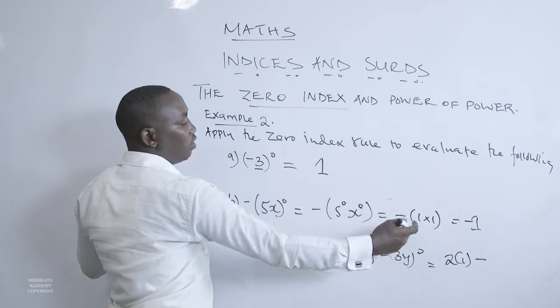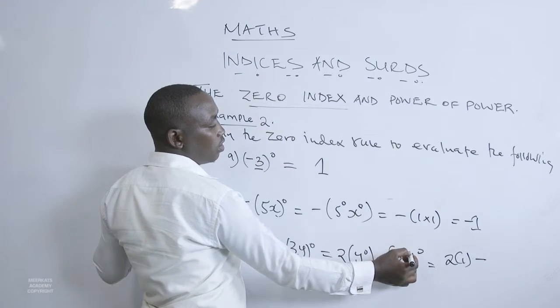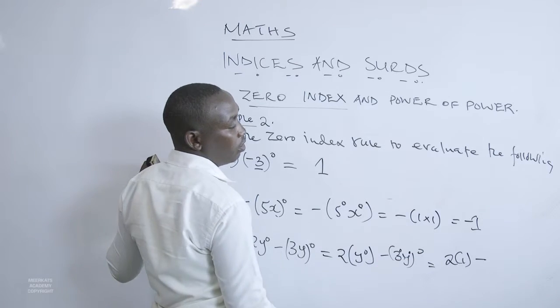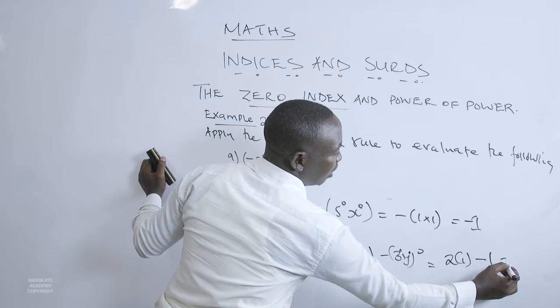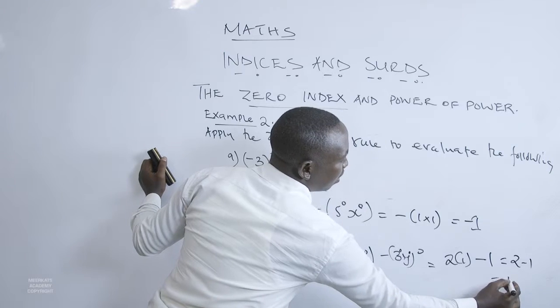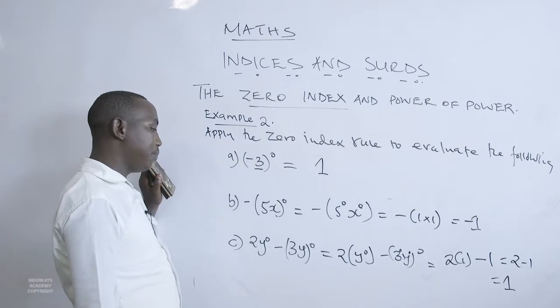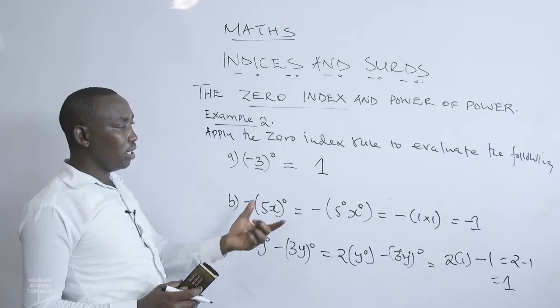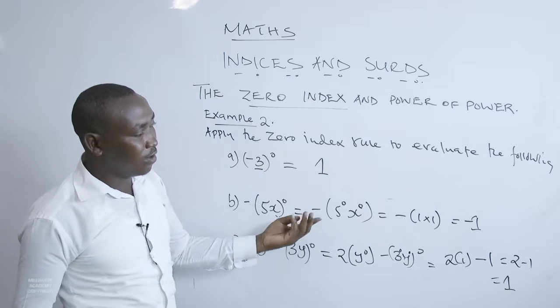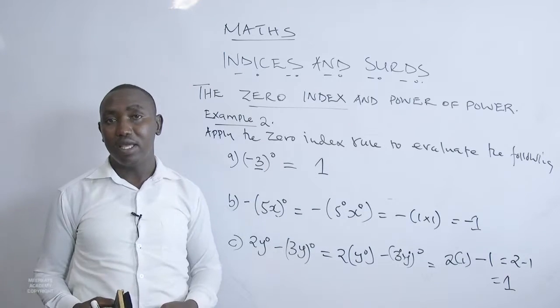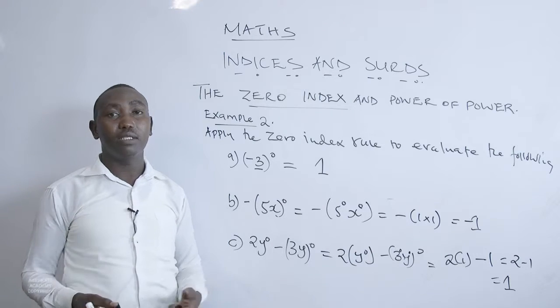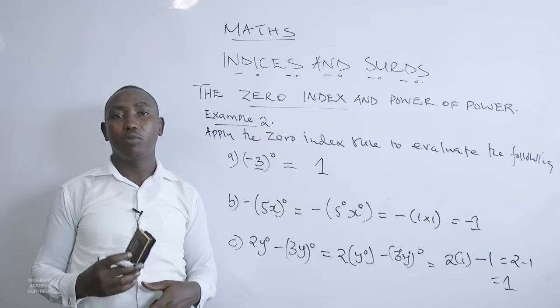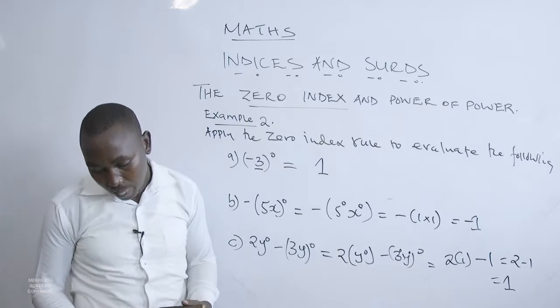Subtract the whole of this will be 3 raised to 0, y raised to 0. So all of it will go to 1. So this will give us 2 less 1, which is simply 1. So these are the results for the first one, the second one, and the third one. So note that whenever you raise any number to 0, that number automatically becomes 1.